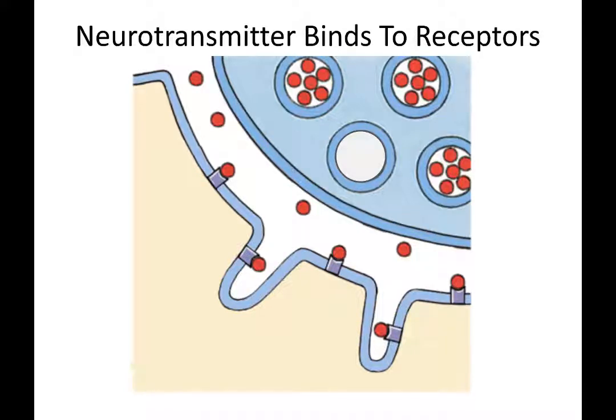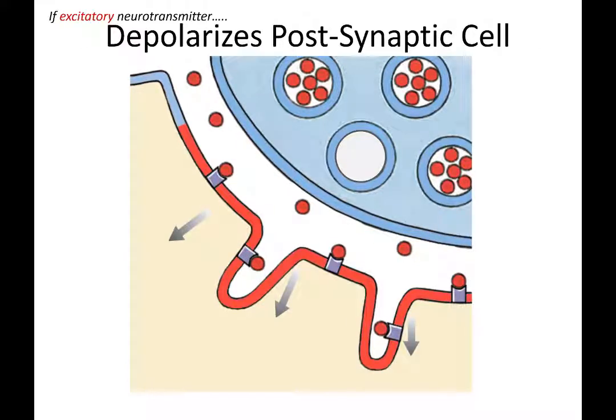It will, if it's excitatory, only if it's excitatory, which means if it's going to be a sodium one, it will depolarize or activate that postsynaptic cell. This is what happens to a muscle cell. Acetylcholine bound to receptors on the sarcolemma, causing sodium to open, and it became more positive. And then an action potential went around the sarcolemma and down the T-tubules.